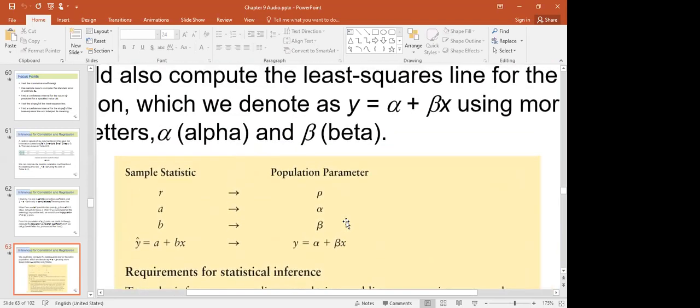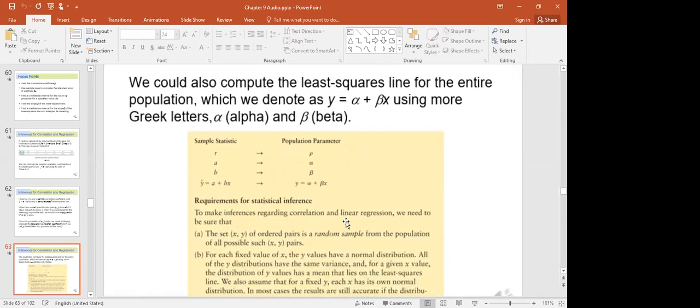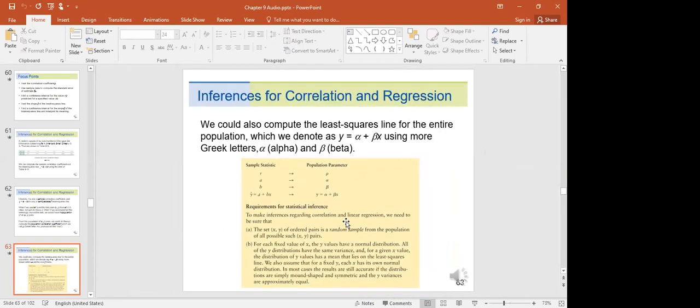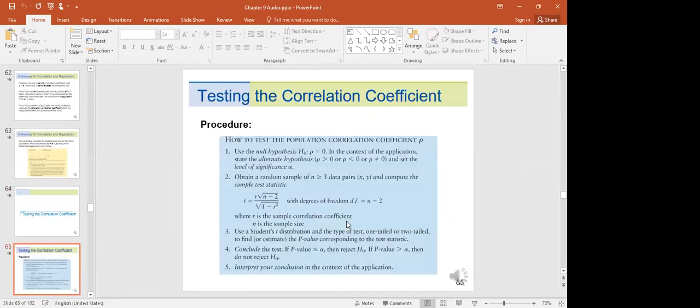And we use the same test. As you saw in chapter 8, we will use the same test value and the same p-value to test the significance of the correlation. So in testing the correlation, the null hypothesis is generally rho equals 0, meaning there is no correlation.